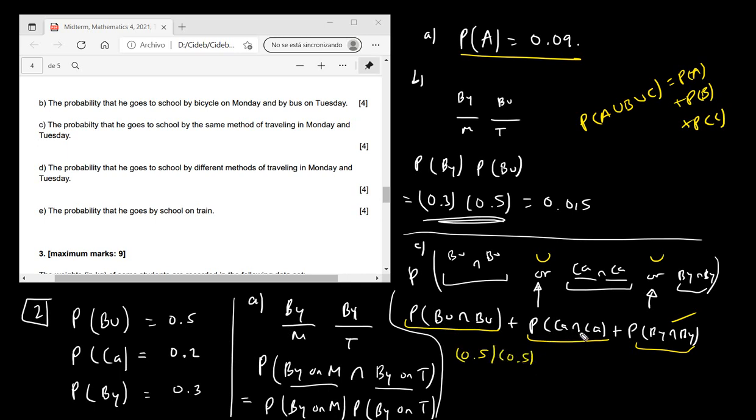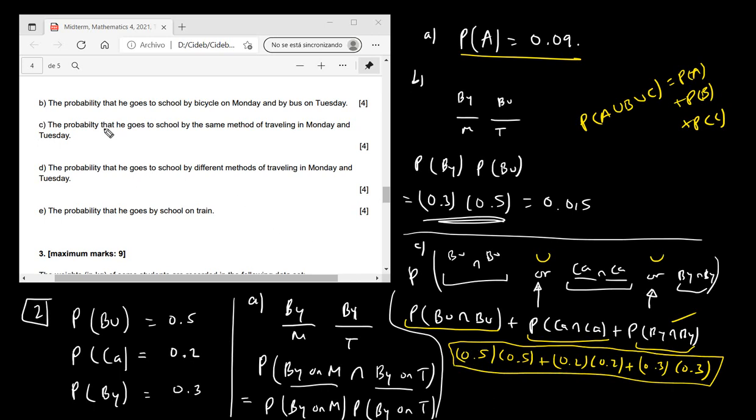The probability of going by car and car, that's 0.2 times 0.2. And the probability of going by bicycle and bicycle is 0.3 times 0.3. And that's it. This addition, or this number, is actually my result for C.